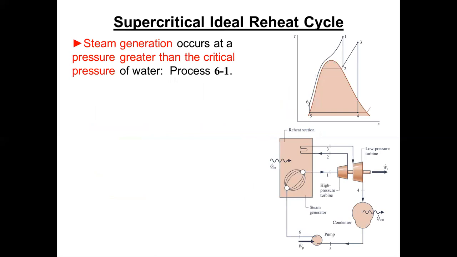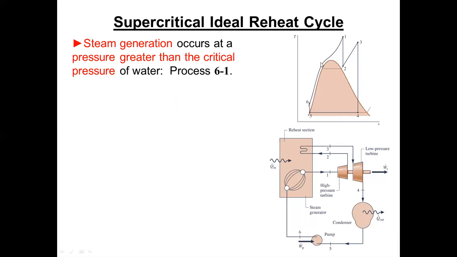So let's take a look. We've got process 6 to 1, and so you see up here that when we boil the liquid, it doesn't go across the dome because the pressure is high enough, and of course the pump is the one that gets us to that pressure. So this is saturation at whatever pressure, low pressure in the condenser. That's a hoss of a pump that takes us up to supercritical pressure.